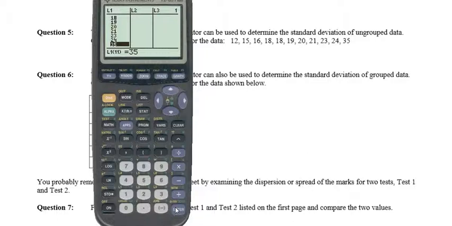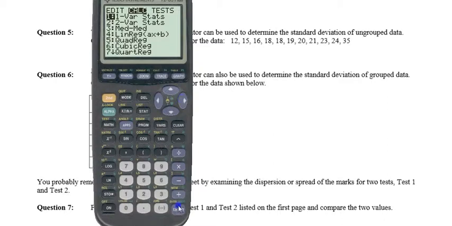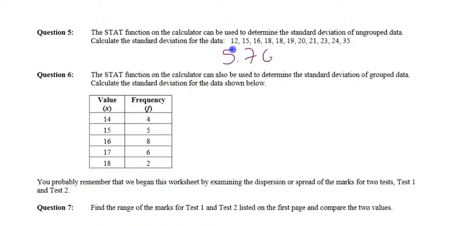Here, it says the mean is bigger than the largest number in your data set, so you messed up. Okay, so stat, calc, 1-Var Stats, and the standard deviation is 5.76, let's say. So sigma is 5.76.